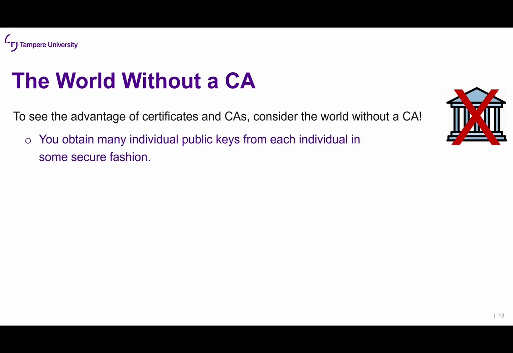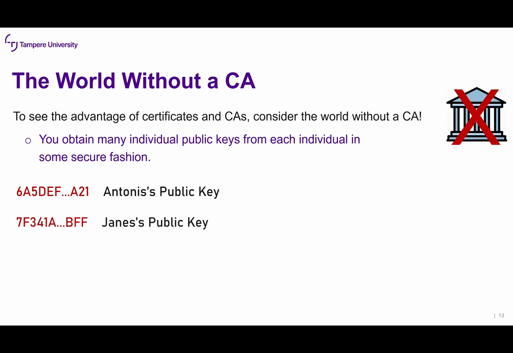What you need to do is obtain many individual public keys from each individual in some secure fashion. Imagine that if you want to communicate with me securely, you need to somehow get my public key. Then if you want to communicate with Jane, you need to get Jane's public key.